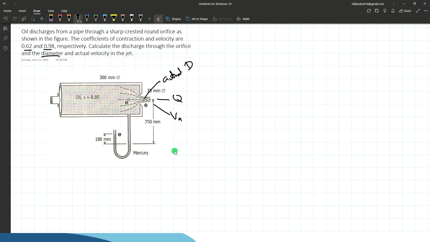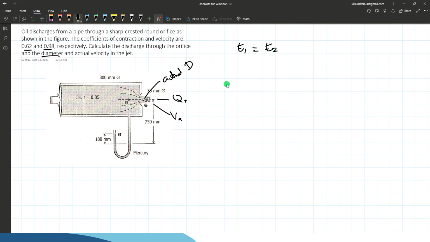So first let's determine the theoretical discharge. We can determine it by taking the energy equation at point 1 and point 2.